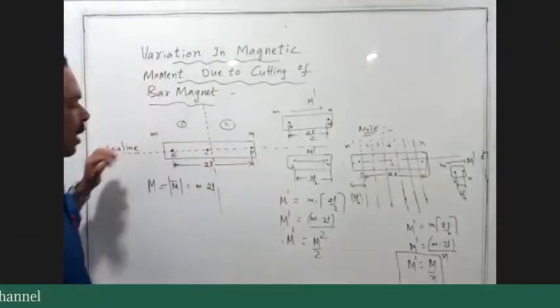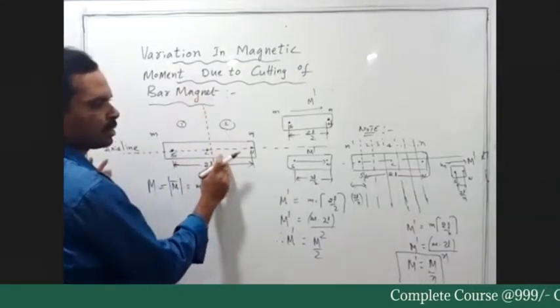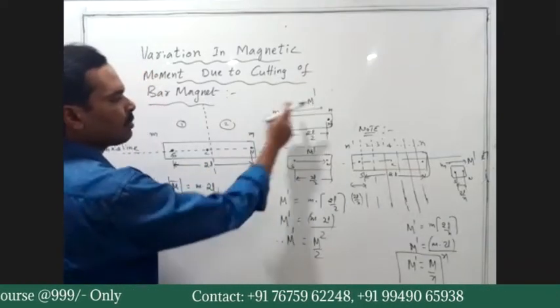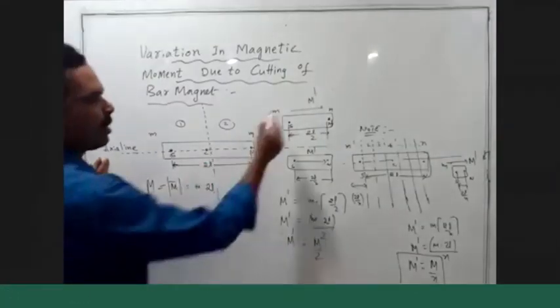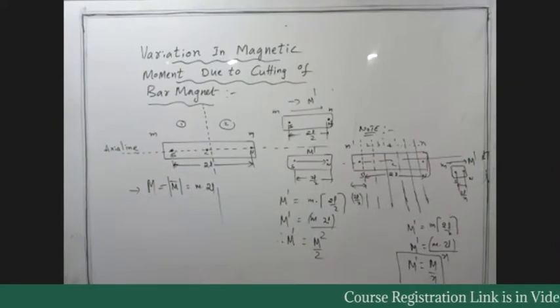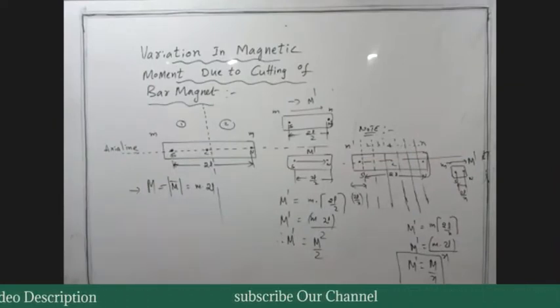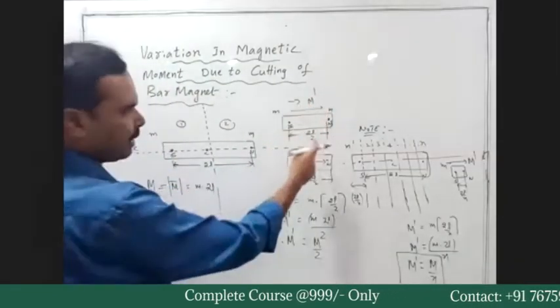When a bar magnet is cut into parts in the perpendicular direction to the axial line, how is the magnetic moment going to change? This is the initial magnetic moment, this is the final magnetic moment. After cutting, the new magnetic moment I take as m dash.